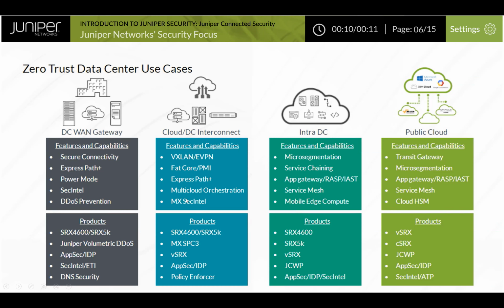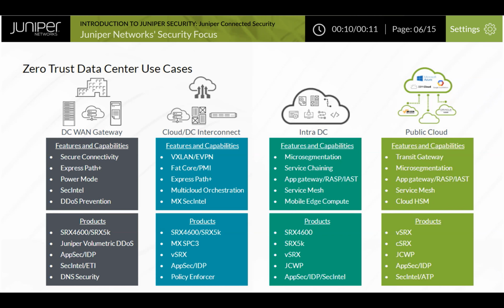Express Path, Multi-Cloud Orchestration, SecIntel, and intra-DC. You have micro-segmentation, service chaining, app gateway, RASP, IAST, service mesh, and mobile edge compute. If I consider the public cloud, the features and capabilities will be transit gateway, micro-segmentation, app gateway, service mesh, and cloud ASSL.